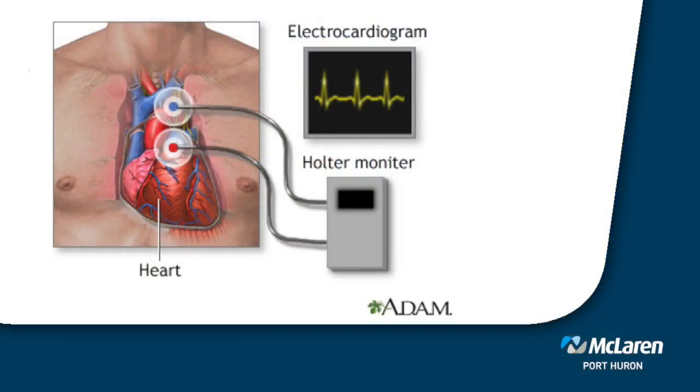These are monitors that we can wear for a month, and these systems will record when the heart goes into irregular rhythms. Or if you have symptoms, you can push a button and it records it. Sometimes we have what we call loop recorders that we can insert under the skin, and they stay there for up to 3 years, and they can sometimes help us diagnose this problem.